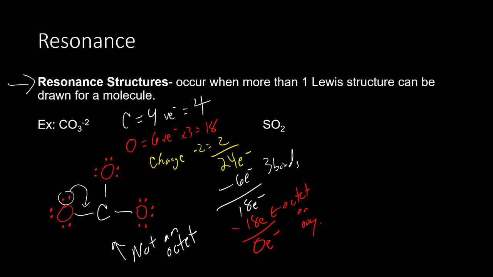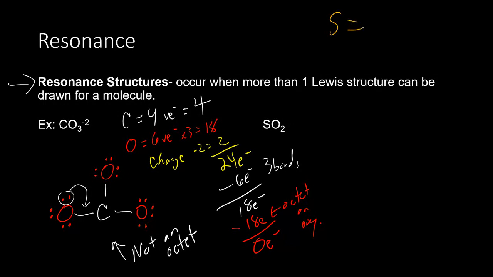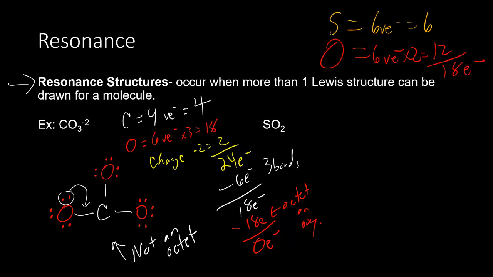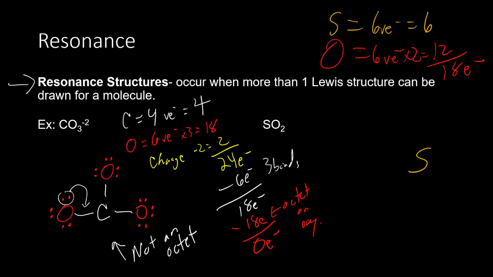So if we go on to sulfur dioxide using that method, sulfur brings 6 valence electrons. Oxygen brings 6 valence electrons. There's 2 of them for 12, so we have a total of 18 electrons in our bank. We're going to start with sulfur. That's our center atom, the first one listed.